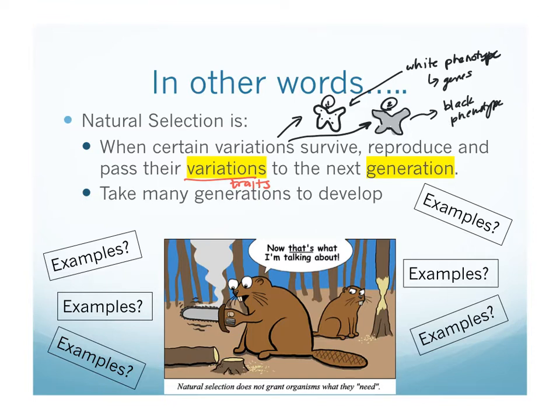And that's because of its genes that make it look black. Okay, so when certain variations survive, a bird tries to attack, and this one dies over time, the dark one is able to reproduce, and then eventually this white moth will be extinguished within that population.